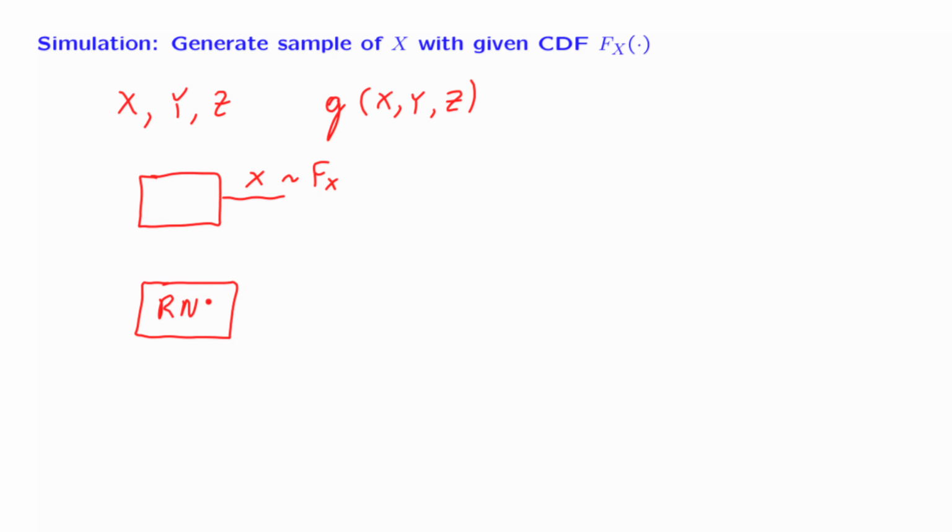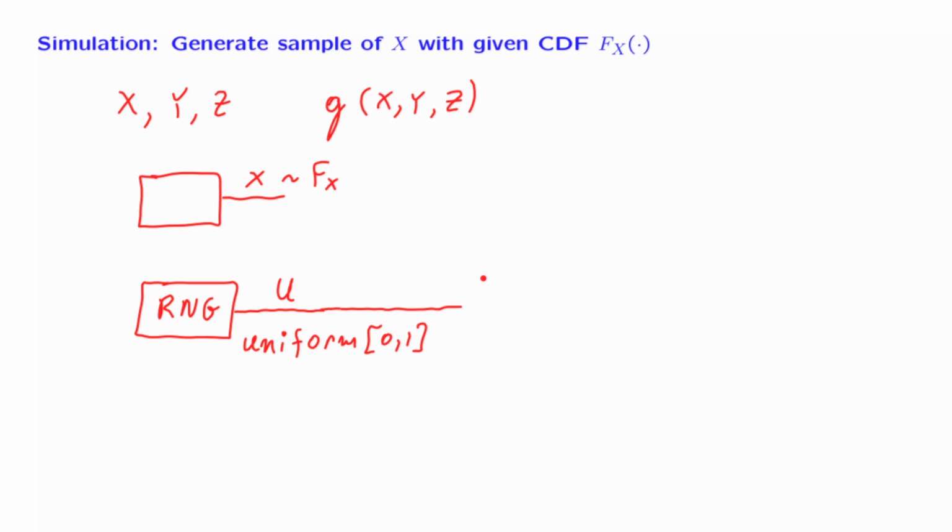And random number generators, typically what they do is generate values that are drawn from a uniform distribution. So this gives us a starting point. We can generate uniform random variables. But what we want is to generate values of a random variable according to some other distribution. How are we going to do it?